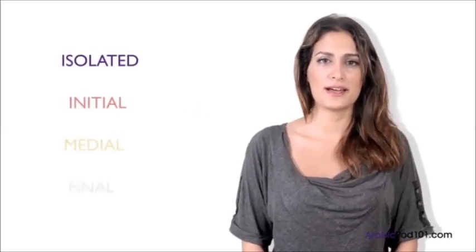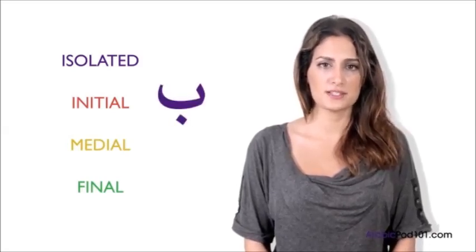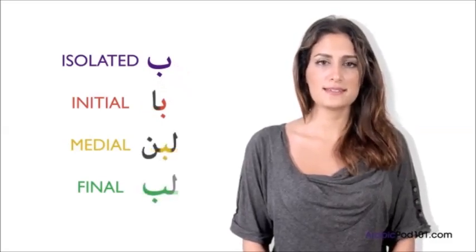As we studied in the previous lesson, there are many forms for every letter in Arabic. The letter ba has 4 possible positions: isolated, initial, medial, and final. Let's see the remaining 3: initial, medial, final.